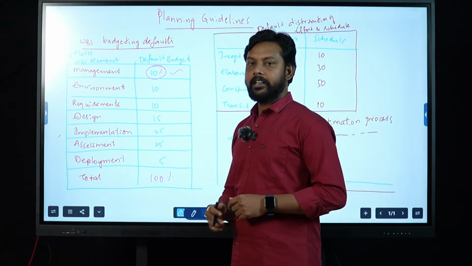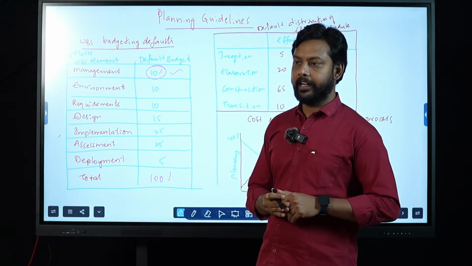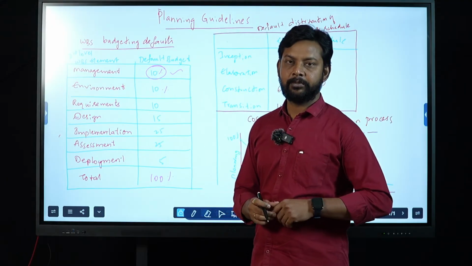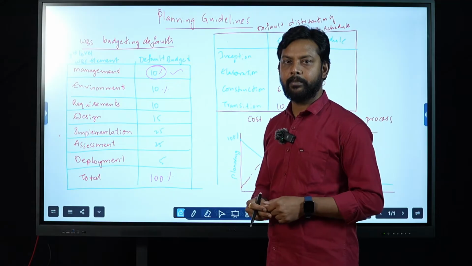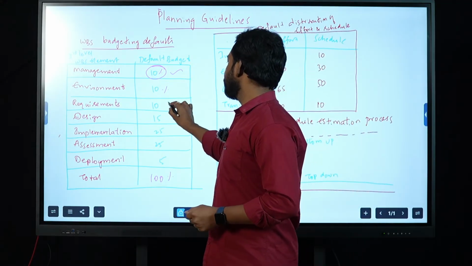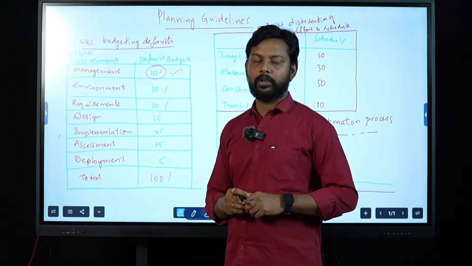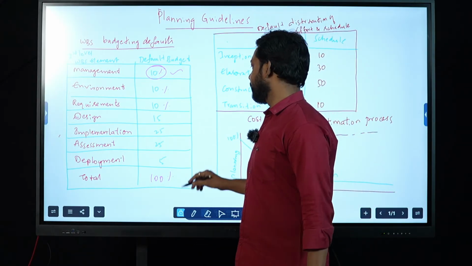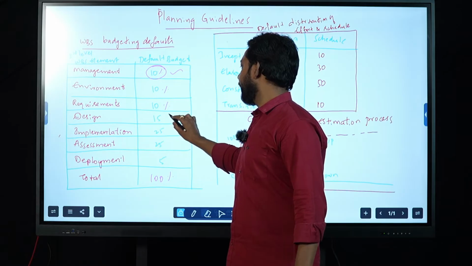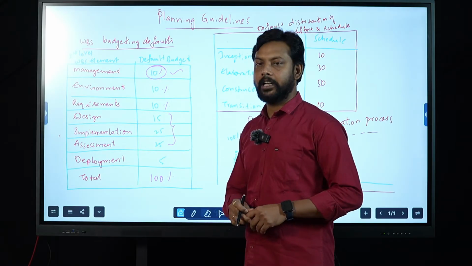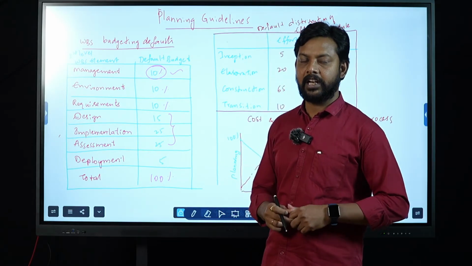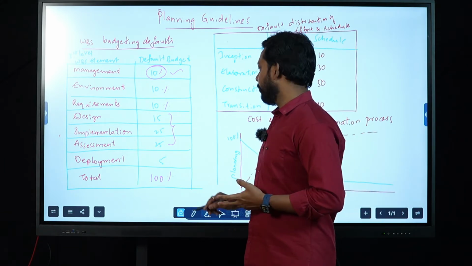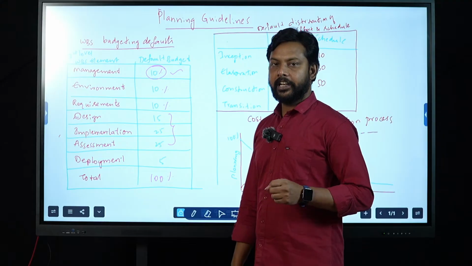Next, you are supposed to allocate only 10% of your budget on the different types of environments that you are going to use in your project development, and only 10% on the requirement phases. The maximum budget allocation will go to these three work breakdown structure elements, that is design, implementation and assessment. So a major portion of your budget goes to this.